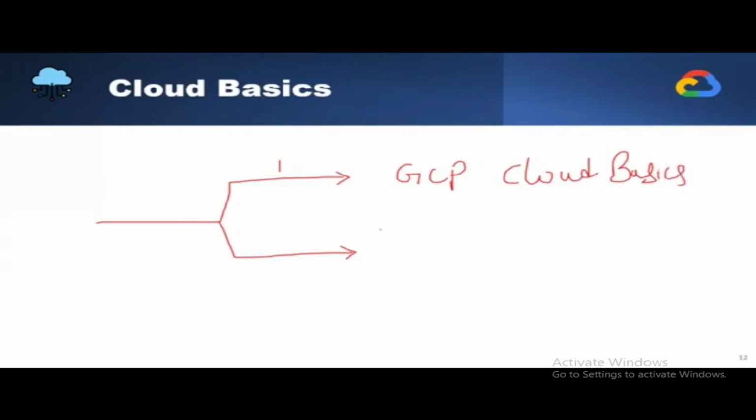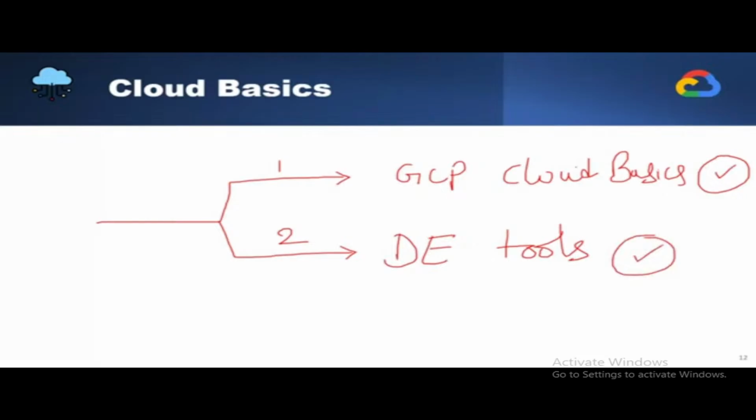The second one is GCP data engineering tools. These are the things that I am going to cover in my course. First, I will start with GCP Cloud Basics, then we will enter into data engineering. Sir, what are the topics that we are going to cover in the Cloud Basics? What are the topics that we are going to cover in data engineering? Let me show you now.